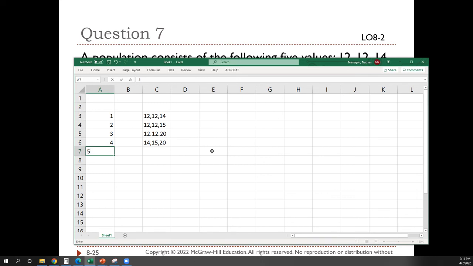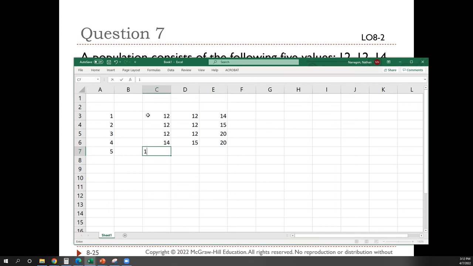Actually, to make this a lot easier, let's do it this way. 12, 12, 14; 12, 12, 15; 12, 12, 20; 12, 14, 15; 20.